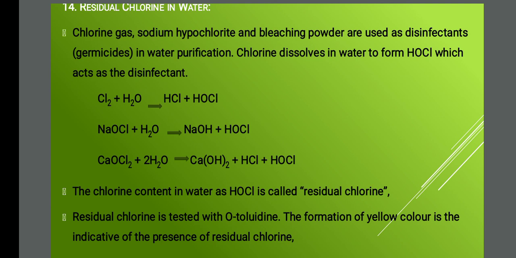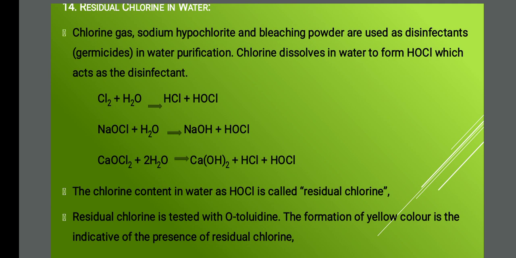The chlorine content in hypochlorous acid is called residual chlorine, and this is tested with orthotoluidine. The formation of a yellow color is an indication of the presence of residual chlorine.